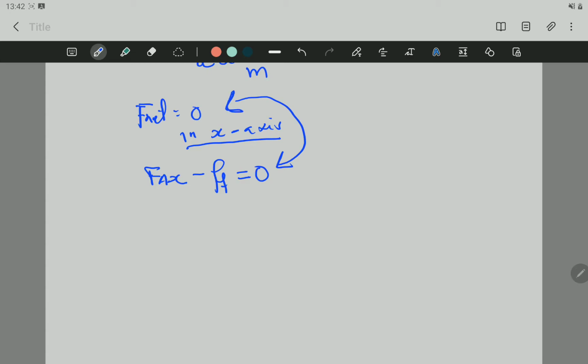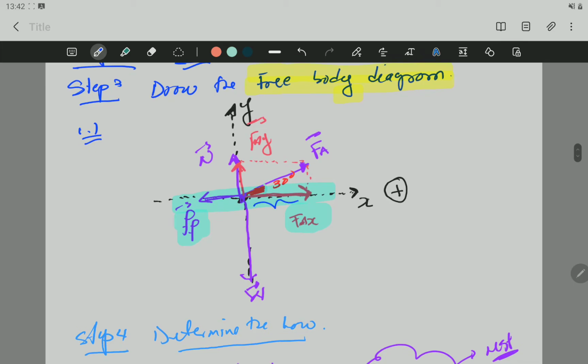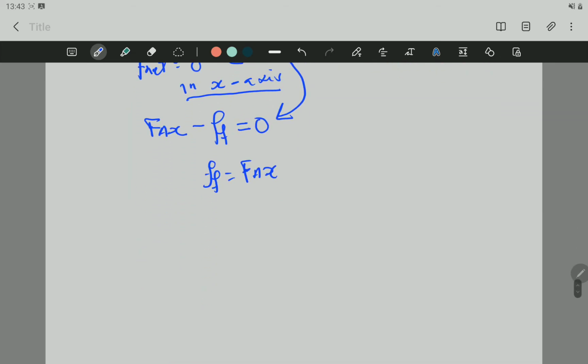If you rearrange this formula, the frictional force is equal to the applied force in x. Now, the applied force in x is this side here. Using the trig ratios, the frictional force is equal to the applied force multiplied by the cosine of 30 degrees.